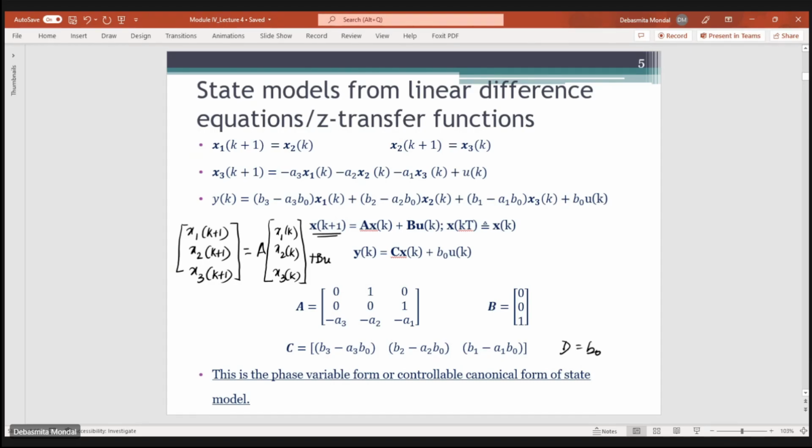This is just one form of representation of the state equation. The value of A can be something else also. As you remember, the state equations are not unique, but the state variables associated with the system are unique. So depending on how your system is connected, the values of A, B, and C can be different.